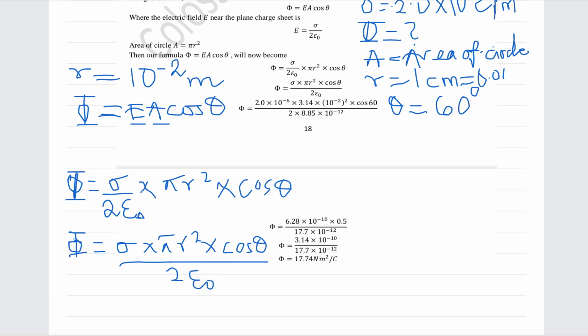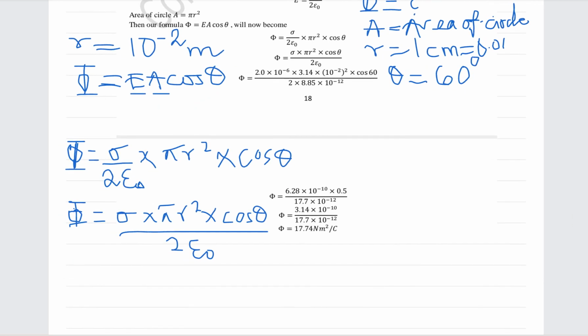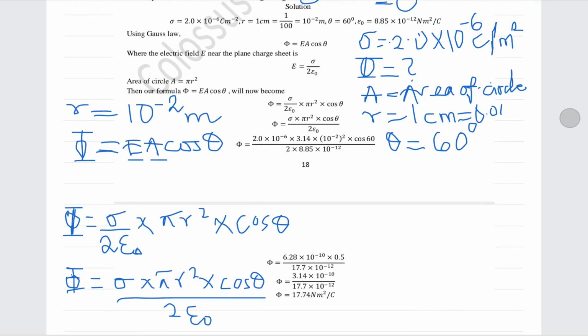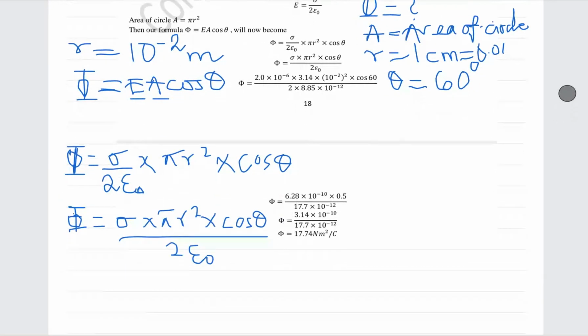All you just have to do is put in your values now, and once you put in your values, you will get your answer. So what's your rho? You can see they gave you the rho here, 2.0 times 10 to the power minus 6.